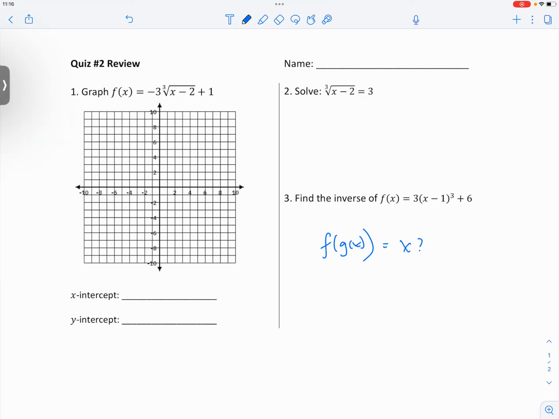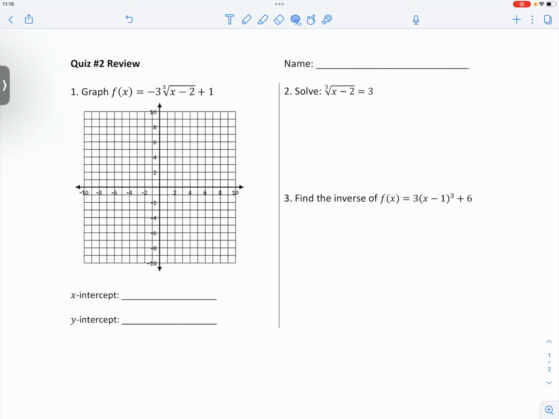So if it's equal to x, then they are inverses of each other. And if they do not equal x, then it will not be a pair of inverse functions. All right, so those are the expectations, and let's go ahead and get started with number 1.